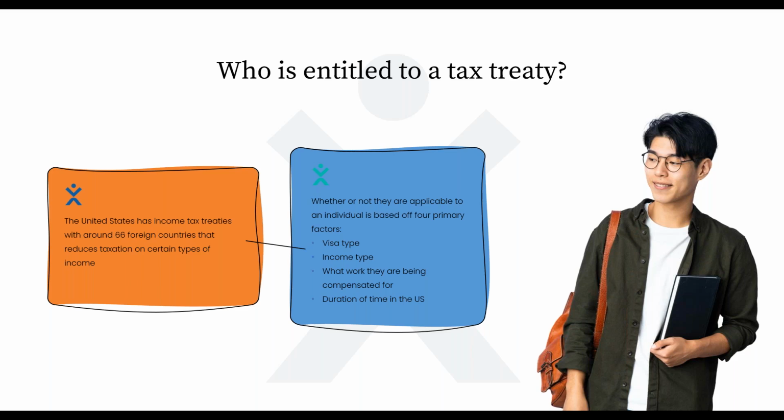For instance, that could be what visa type you're on, the income type that you've earned, what work you're being compensated for, the duration of time you're in the US, and obviously your country of residence. So if a tax treaty is available between your country of residence and the US, Form 8233 or Form W-8BEN can be used to claim this.